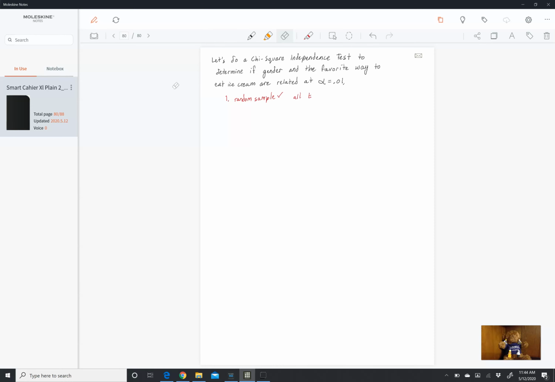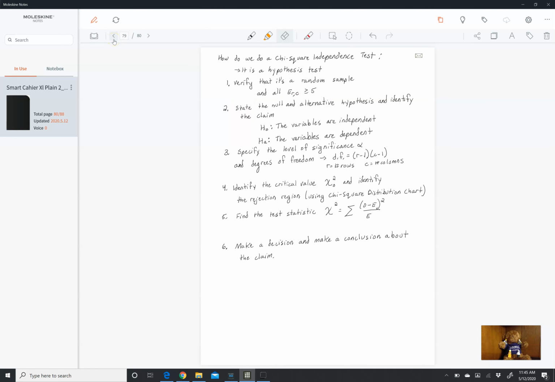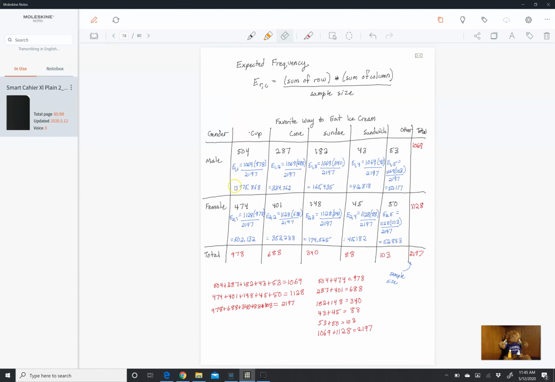We already calculated all of the expected values. So if we go back to the previous page, every one of these expected values is greater than or equal to 5, right? We have 475.868, 334.762. All of these are greater than or equal to 5.